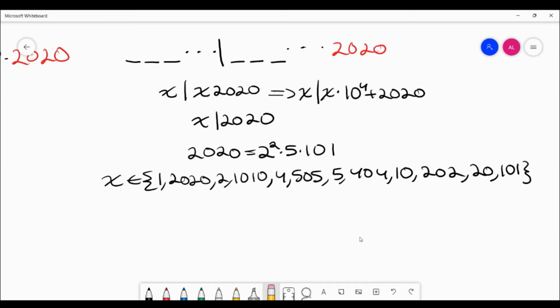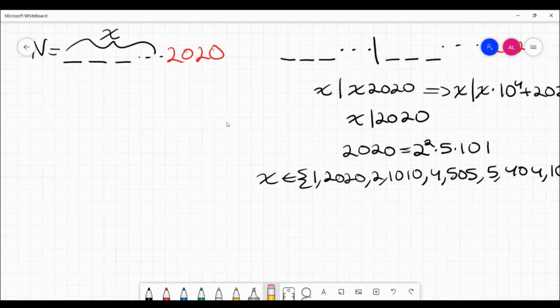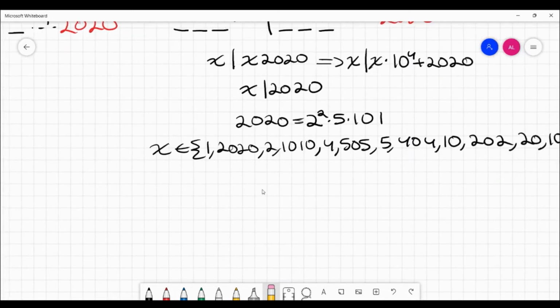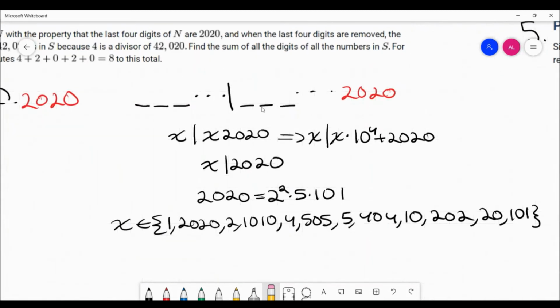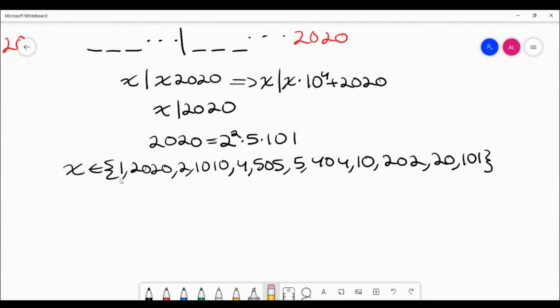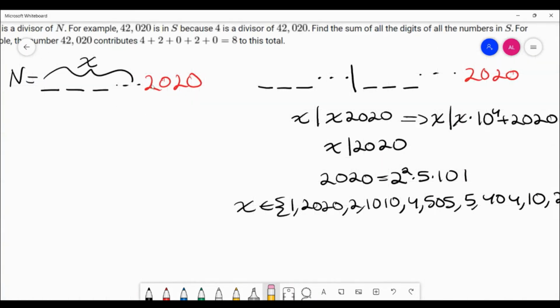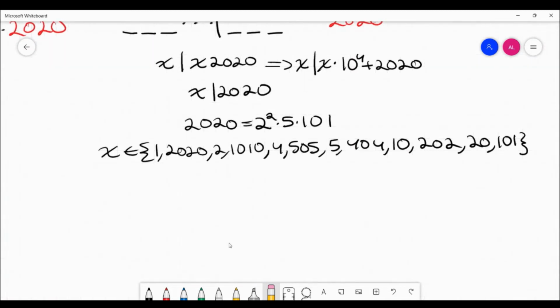Okay. And so now we have that any possible n can be one of these numbers and then 2020 written after it. So the sum of all the digits of all the numbers in S is the sum of all the digits of all the numbers in here plus the sum of the digits of all the 2020s that are the tail ends of all of these numbers.